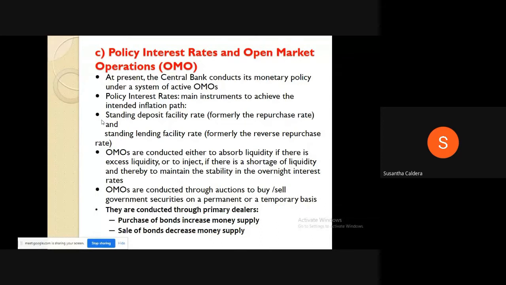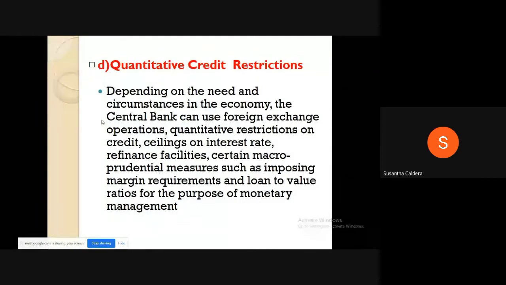When we lend more to our customers, that will increase the money supply of the economy. Quantitative credit restrictions.